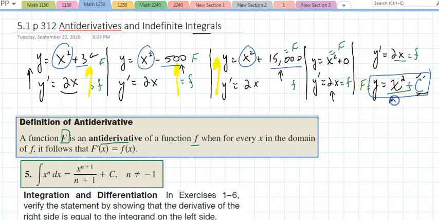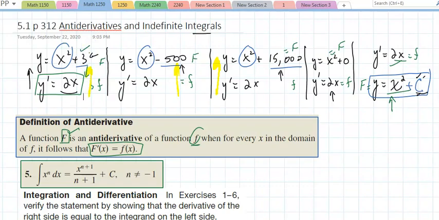Meaning, if you take a derivative of this, you should get that. So whenever I get the answer, if I take a derivative of my answer, I should get back what I started with. If I ask, what did you take a derivative of to get 2x? If you say x squared plus 3, if I take a derivative of that, I should get the 2x.